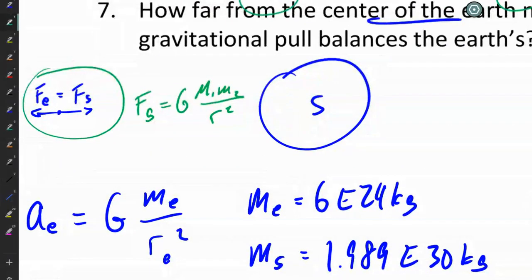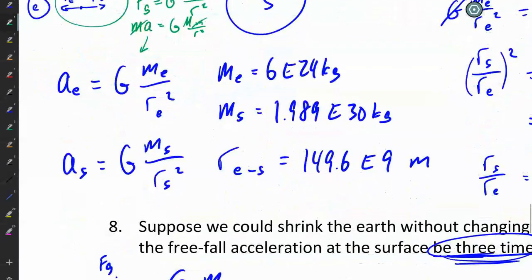But note in this case that the force pulling it towards the sun is going to depend on the mass of the satellite, and the force pulling it towards the Earth is also going to depend on the mass of the satellite. And so basically we've taken the ma equals big G, big M, little m over r squared, and canceled that out. So really what we're left with is an equation for the acceleration.